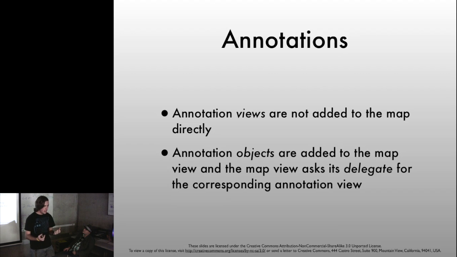Does that make sense? So you create a bunch of annotations and put them on the map, which inherently don't know how to draw themselves. But then, as the map needs to be redrawn, it queries its delegate for every single annotation in the visible region. It asks for a view that corresponds to it, and then you provide a view for it.